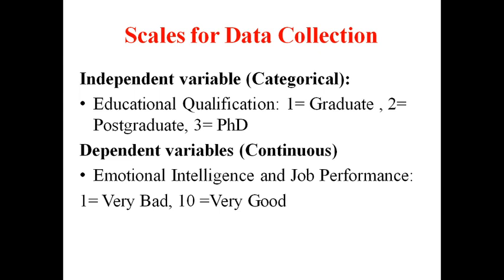Independent variable is categorical. So educational qualification, 1 is equal to graduate, 2 is equal to postgraduate and 3 is equal to PhD. Two dependent variables we have: continuous data, emotional intelligence and job performance. 1 is equal to very bad and 10 is equal to very good. And the numbers between 1 and 10 have the appropriate meaning.